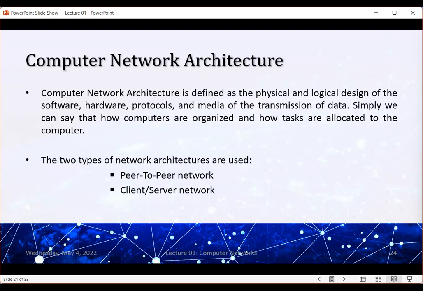So the design can be in two ways. We can have physical design as well as logical design. කොහොමද computers එකිනෙකාට connect වෙන්නේ කියන එකට අදාළව diagram එකක් තමයි මේ design එකක් කියන්නේ.